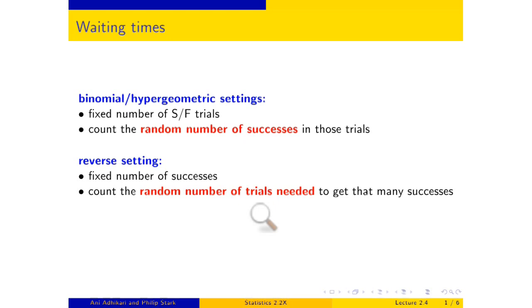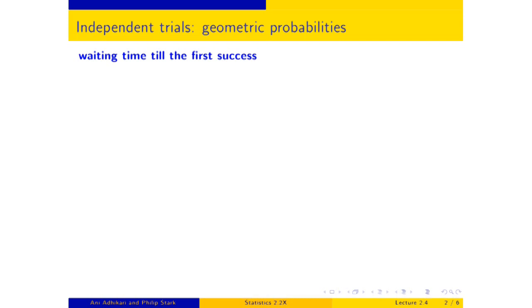And that's going to be our variable. So it's how long I have to wait until I get a specified number of successes, and those variables are called waiting times. And the simplest number of successes to wait for is just 1. So we'll start that way by looking at how long you have to wait until you get the first success.